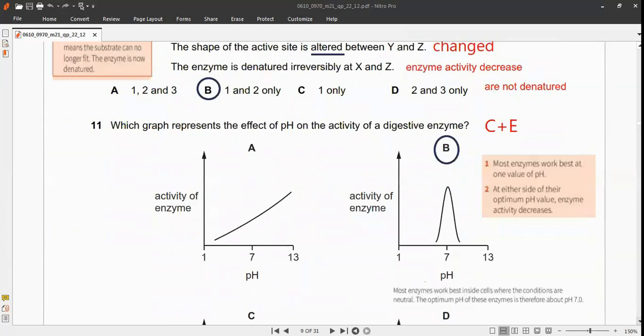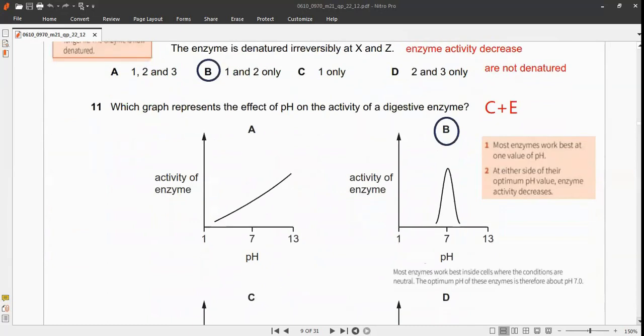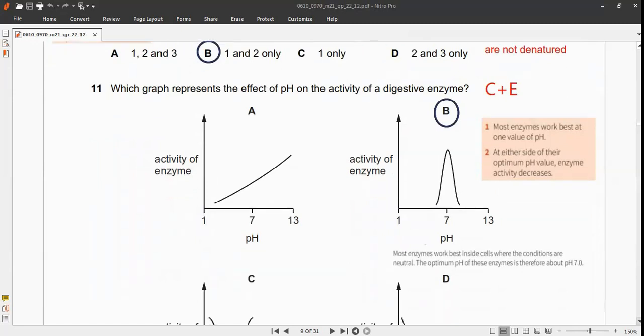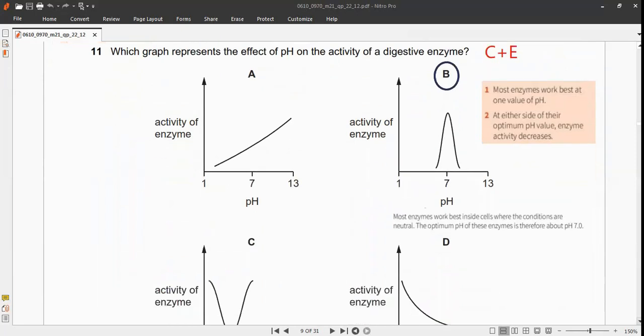Number 11. Which graph represents the effect of pH on the activity of a digestive enzyme? Okay. Most enzymes work best at one value of pH. At either side of their optimum pH value, enzyme activity decreases.